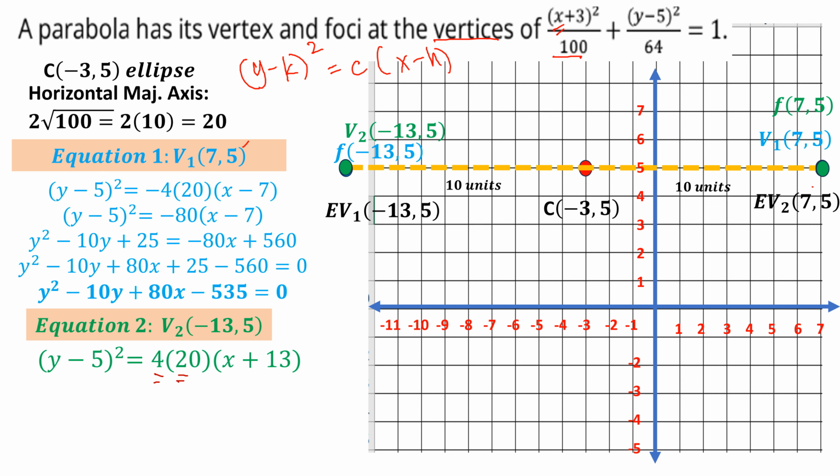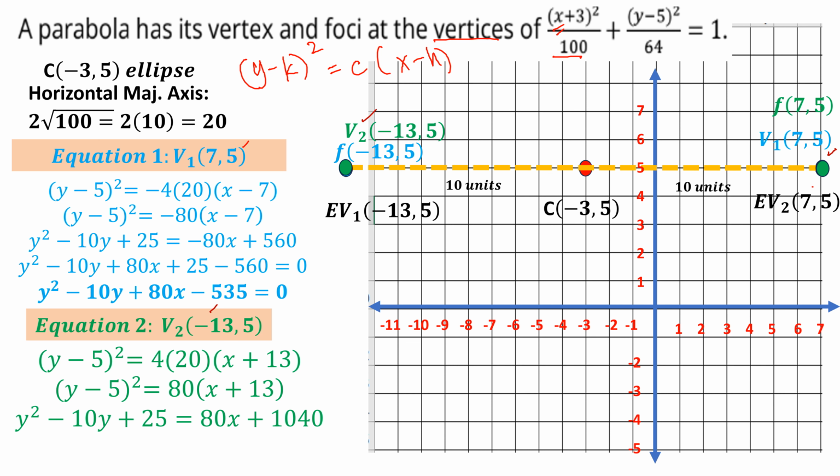Again, this is our vertex, and we have 20 units going to the focus. And then x plus 13 coming from negative 13. Thus, to simplify further, we have y minus 5 squared is equal to positive 80 times x plus 13.